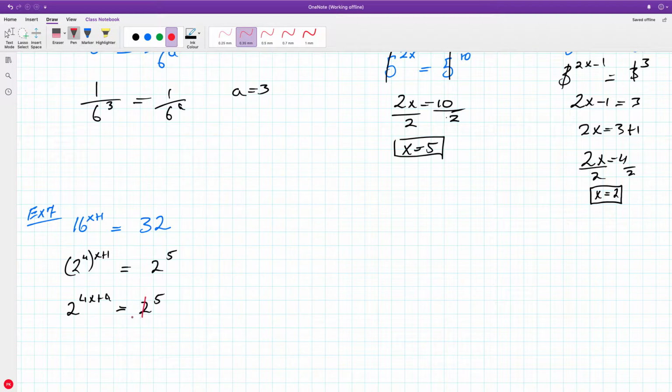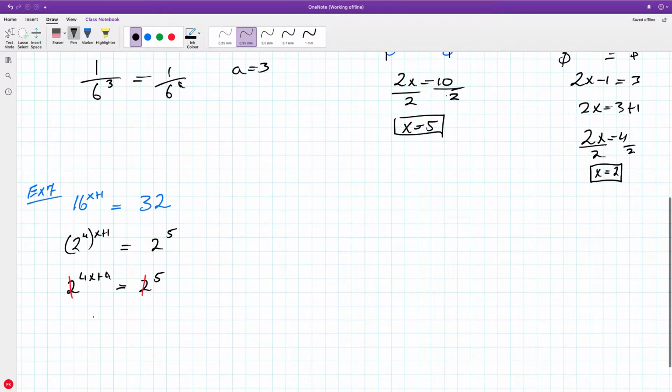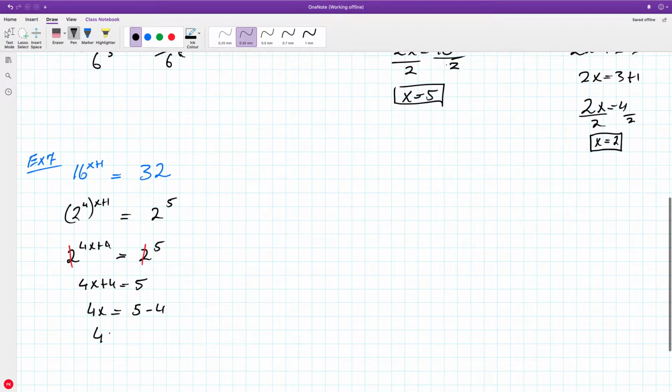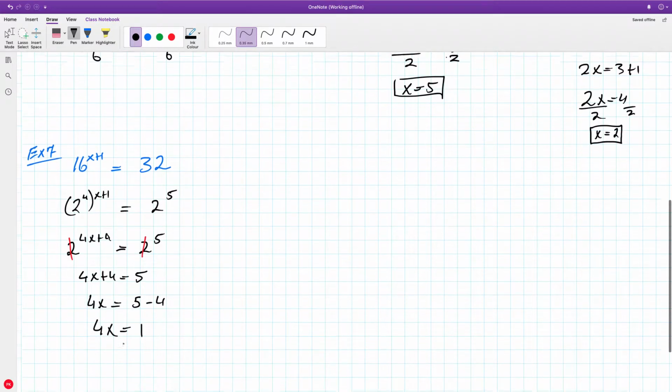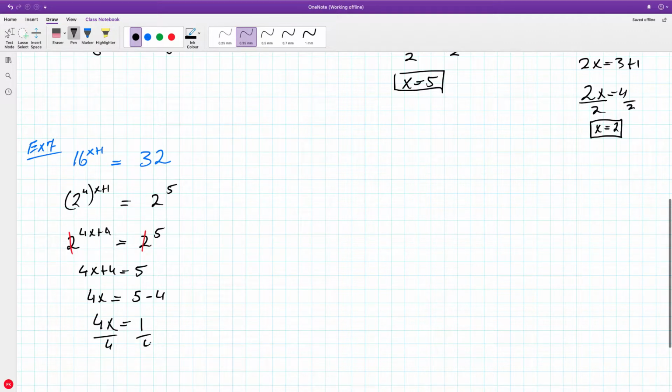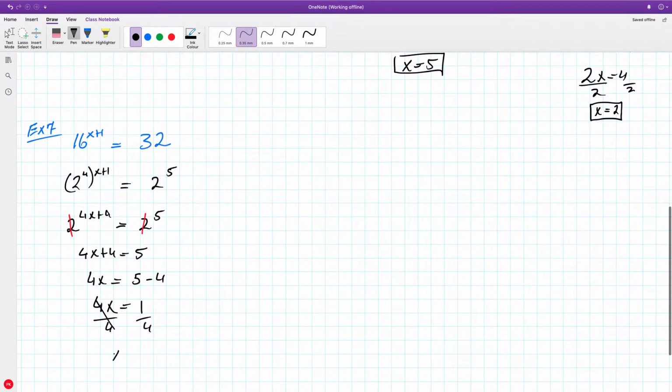Cancel. 4x plus 4 equals 5. 4x is equal to 5 minus 4. 4x is equal to 1, divided across by 4. x is equal to a quarter. They get a quarter?